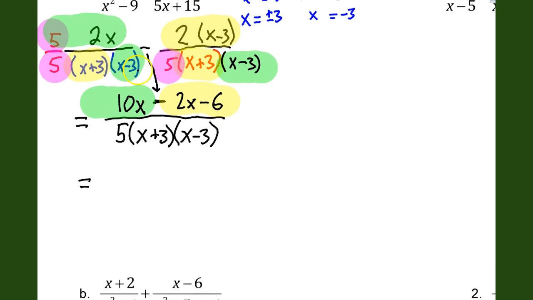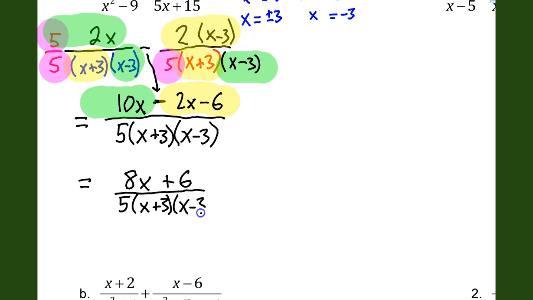Okay. All right. So we'll get 10. No, we'll get 8x. Right, 10x minus 2x. And then we'll get plus 6. How come plus 6? Yeah, and that's probably the most common mistake.